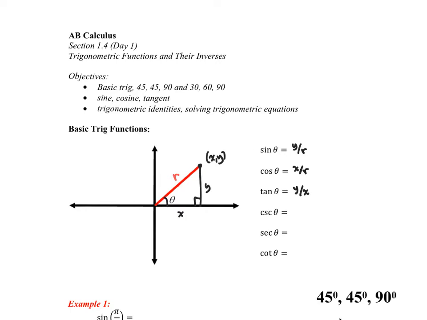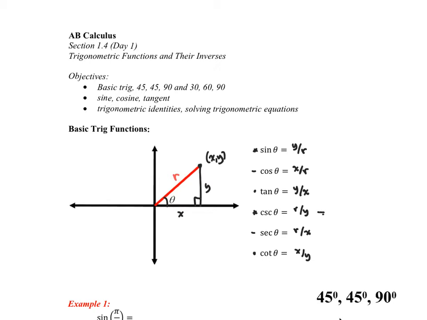So for sine theta, its reciprocal is cosecant theta. So this will be r over y. Cosine theta is reciprocals with secant, which would make secant theta r over x. And then cotangent and tangent are reciprocals, which would make cotangent x over y.